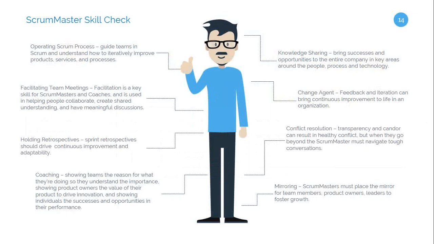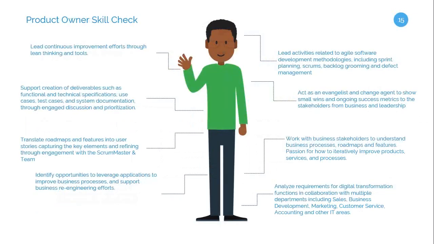So again, Scrum Master facilitating, in this case, mentoring, coaching, and training people to actually move through their process, executing the process. So then we talk to the product owner, really leading the continuous improvement effort in terms of lean thinking, in terms of the interaction with, in some cases, tools. It doesn't have to be tool specific.